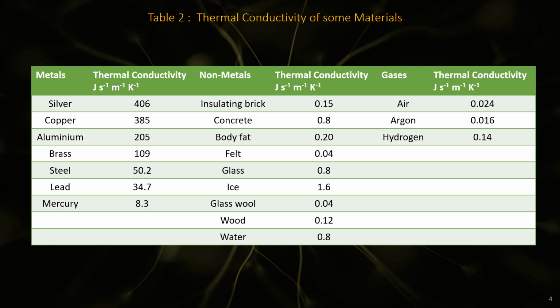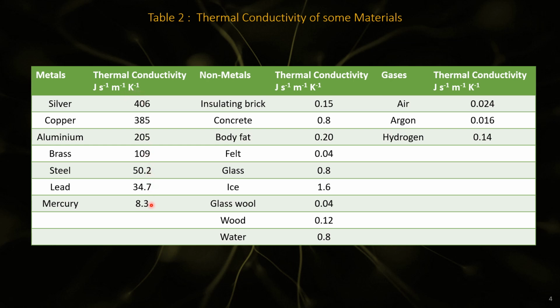And in the table, please see the table given in table number 2, the thermal conductivity of some of the materials. In column 1, a list of metals is given like silver, copper, aluminum, brass, steel, lead and mercury. And its thermal conductivity is expressed in joules per second per meter per Kelvin.